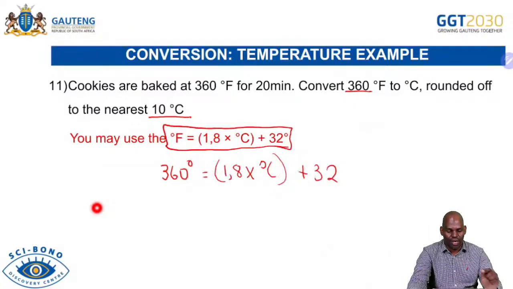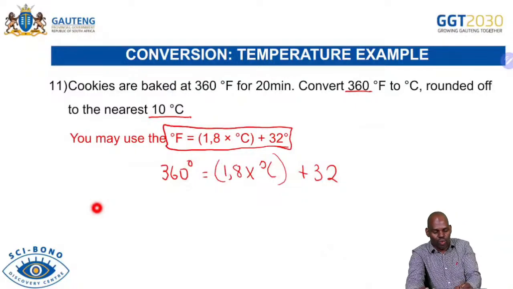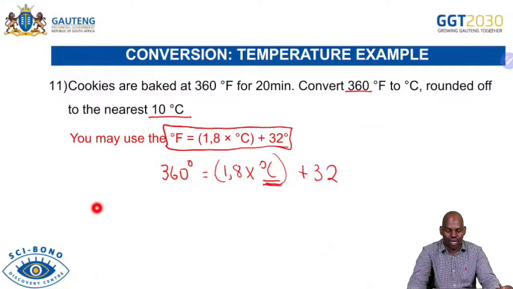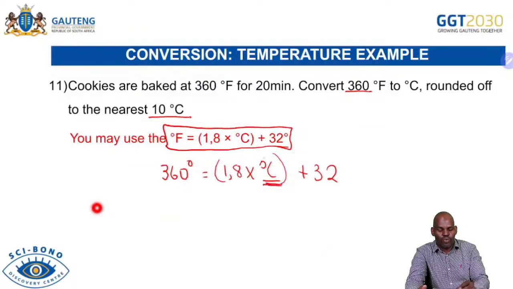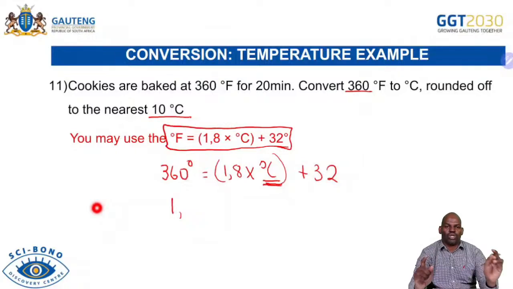360 degrees equals 1.8 times degrees Celsius plus 32. Then we are looking for the degrees Celsius. Look at the way the formula is given. So now we have to change it. What I'm going to do, boys and girls, is turn the formula around.